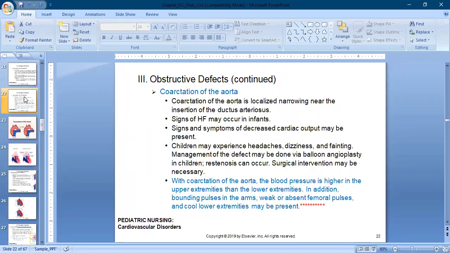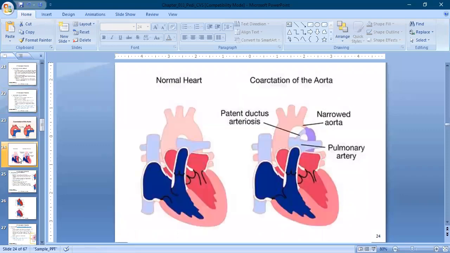The second obstructive defect is called coarctation of aorta. So, what is coarctation of aorta, right? This is the normal heart, and this one is the coarctation of aorta.